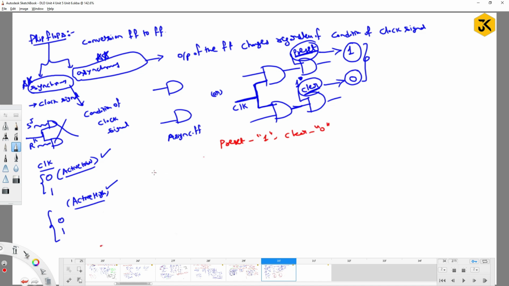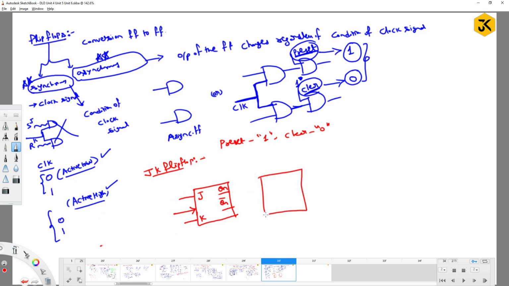Let us look at how we can generally represent this with various flip-flops. For example, if I take a JK flip-flop, I am going to draw only the schematic diagram. J and K are the two inputs, and we pass a clock signal. This is a JK flip-flop and it produces the outputs Q and Q bar.